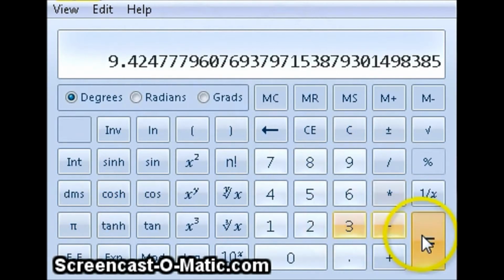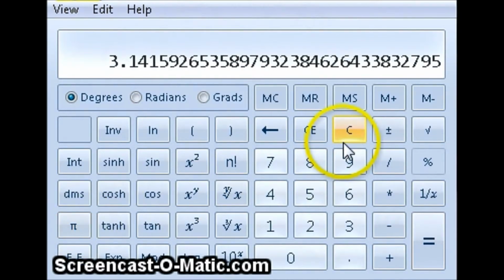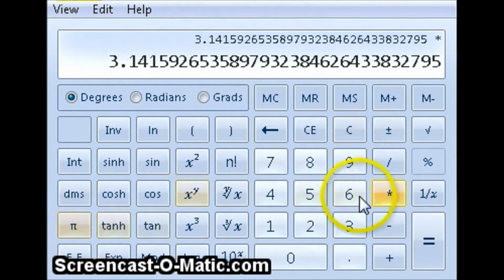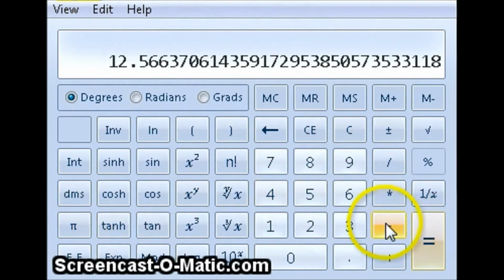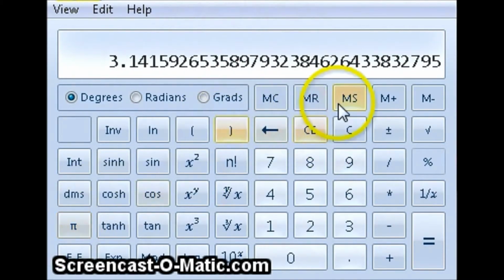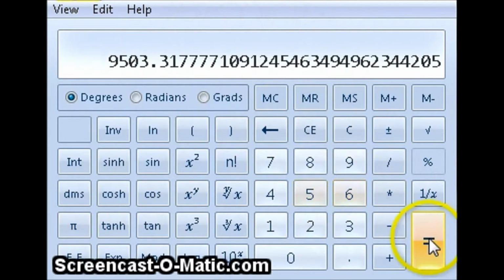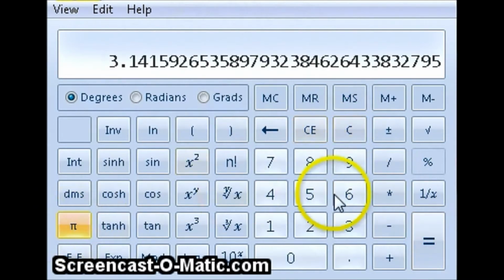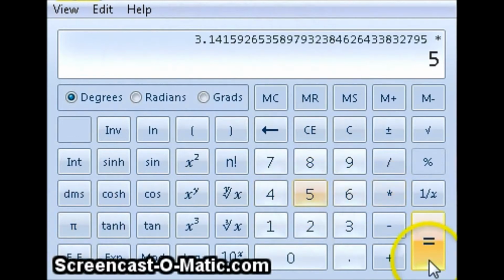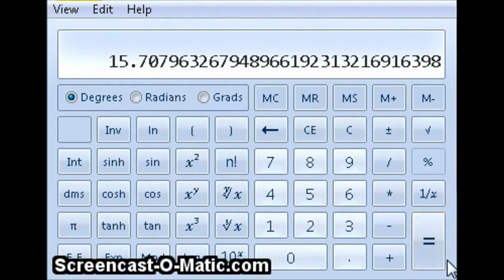Pi times 3. Pi times 4. I'm going to get up to 9 instead of 10. 3.14 times 5. Why did I just skip a huge part? That was unintentional, by the way.